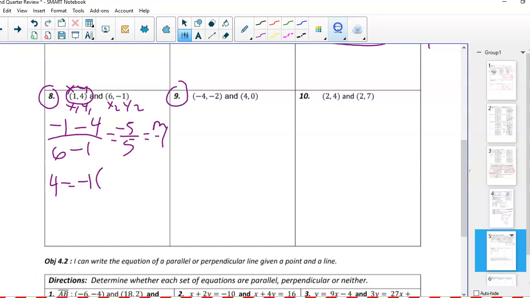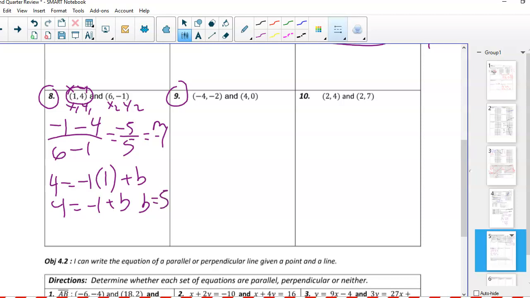4 equals, we're putting this in our slope-intercept form, -1 times 1 plus b. -1 times 1 is -1. What would the value of b be? +5.